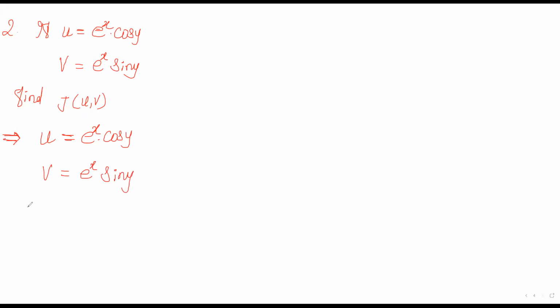Okay, so dou uv by dou xy means here Jacobian of uv with respect to x and y. Taking its determinant, either write dou u by dou x, or you can write in short ux, uy, vx, vy. Okay.